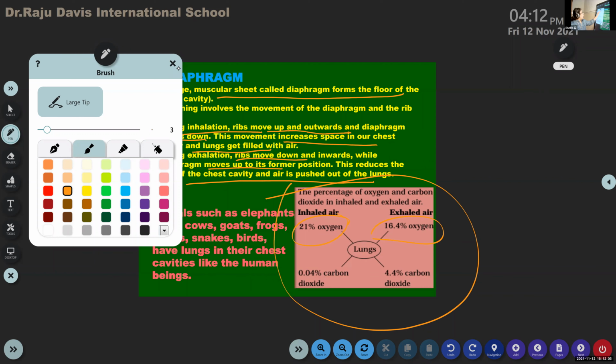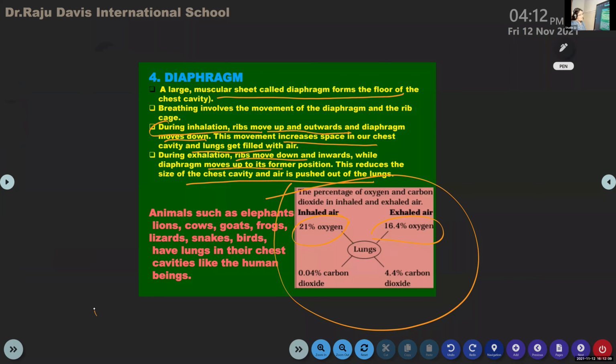So how much oxygen do you inhale? 21%. And how much carbon dioxide also enters with it? It is not only oxygen that enters. Very little, 0.04% carbon dioxide. Exhaled air is 16.4% oxygen, and 4.4% carbon dioxide still remains there. This carbon dioxide will be used for the digestion process because we also require some amount of carbon.